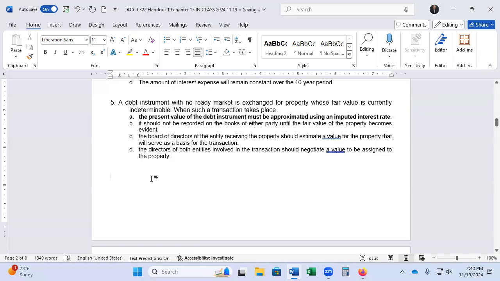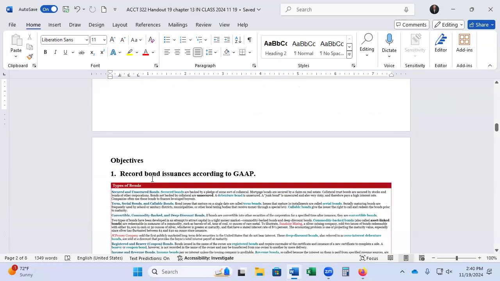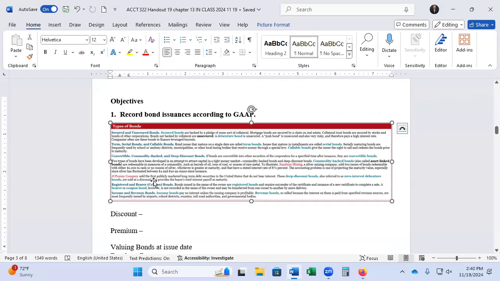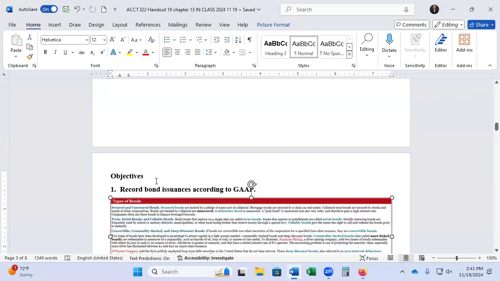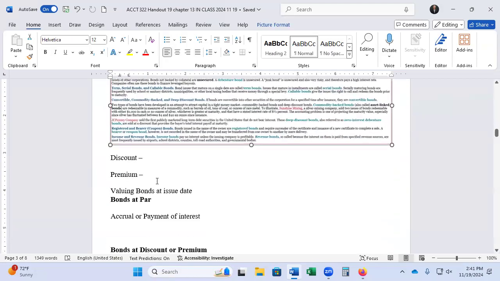And remember what the imputed interest rate was? It's the rate that we would pay on a similar debt, or if we don't have similar debt, the rate in the market that we would pay for that similar debt. Any questions on those 5 questions?